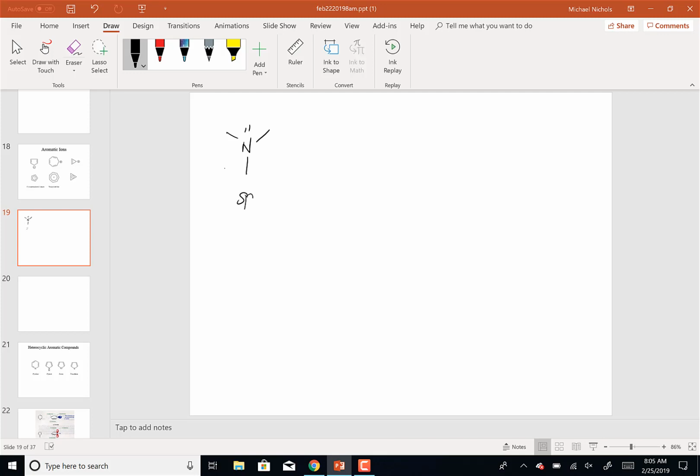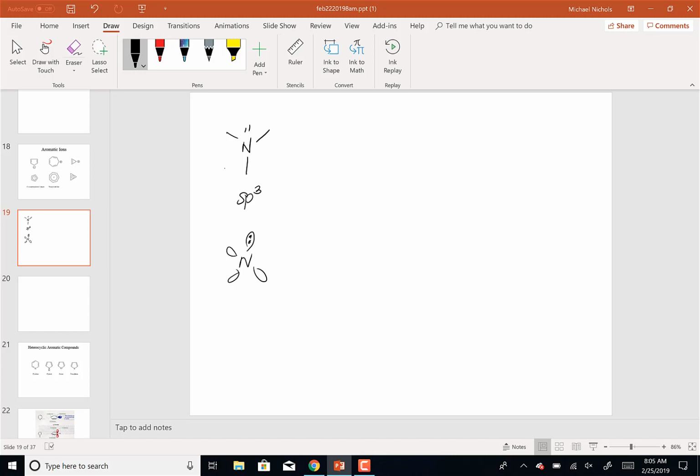We would expect it to be sp3 because the 3 bonds and the lone pair would be hybrid orbitals. And for the most part, that's the way the nitrogen starts out. If it was in an sp3 hybridization, we would expect our tetrahedral structure with one of the lone pairs being in the hybrid orbital.